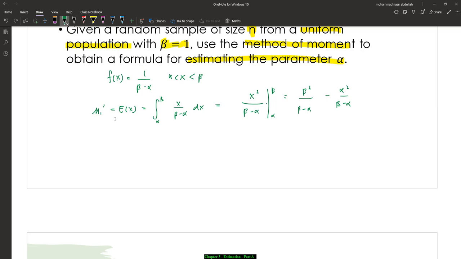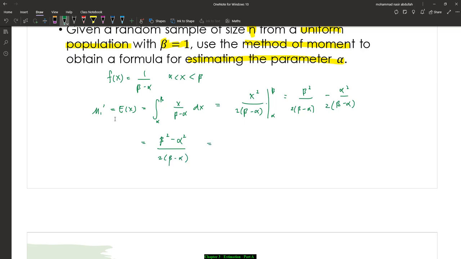But remember, tadi I integrate ni, I lupa nak letak 2 kat bawah kan. So should be 2, right? And then this one should be equal to beta squared minus alpha squared divided by 2 beta minus alpha.